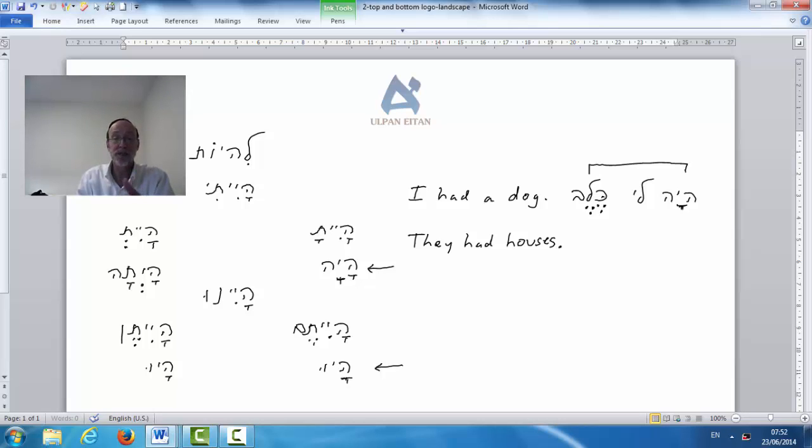So houses, plural, happens to be masculine plural, but we see that it's not going to make a big difference here, whether it's masculine or feminine, because in both cases we're going to be using the word hayu, and we need the connecting word, lahem, plural of houses, batim. There it is, hayu lahem batim.